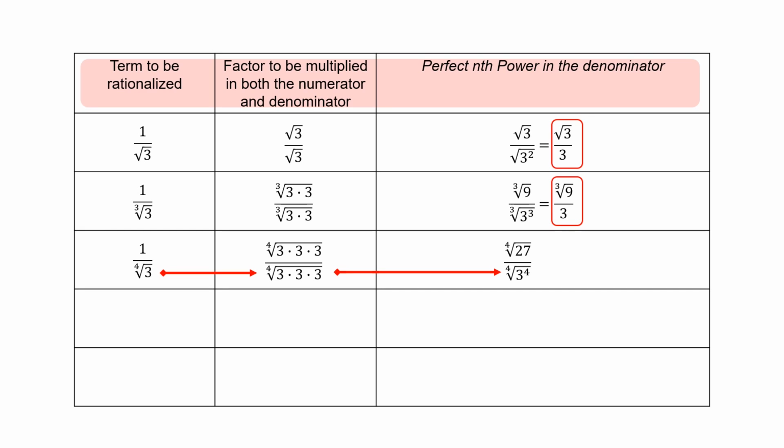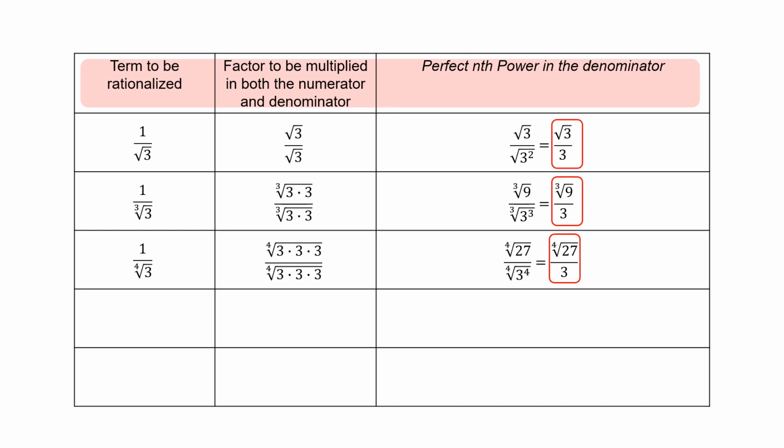Alam na natin kapag equal ang index at exponent ng radicand, pwede na natin itong makancel. So, simplifying this further, we have the 4th root of 27 all over 3. And this is the simplest form kasi wala na tayong radical sa denominator.